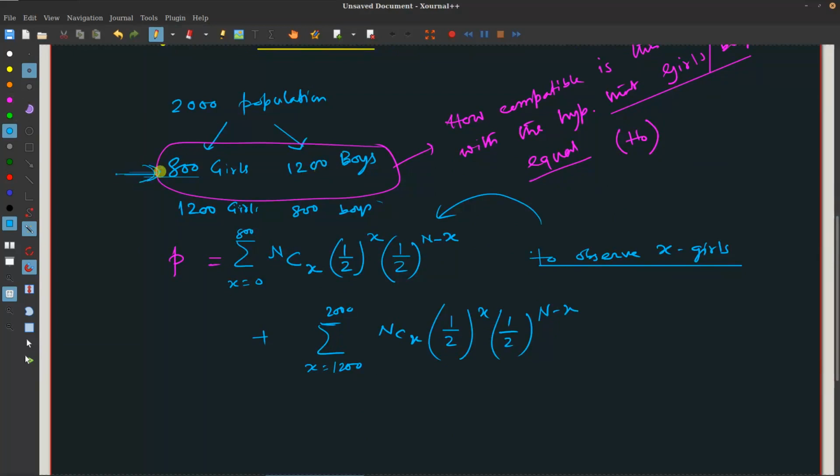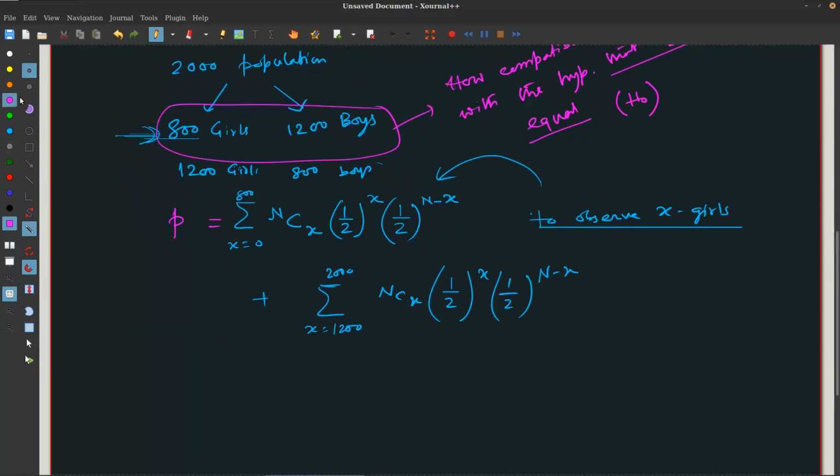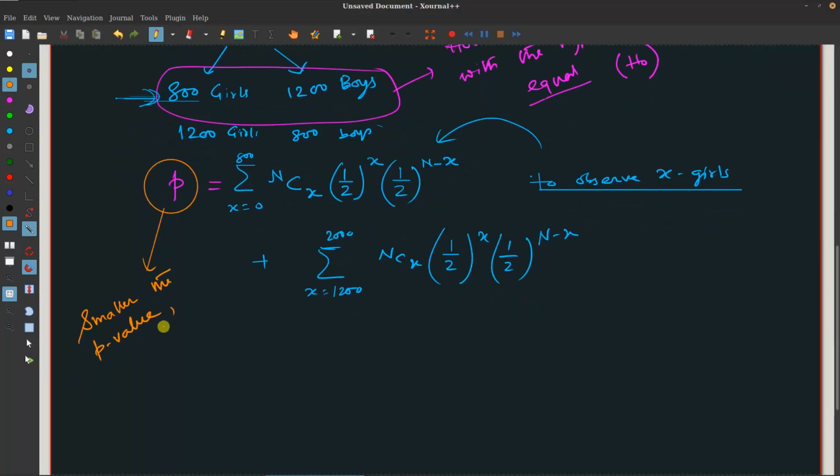Okay. So remember, smaller the p value, worse is the compatibility of data with H0.